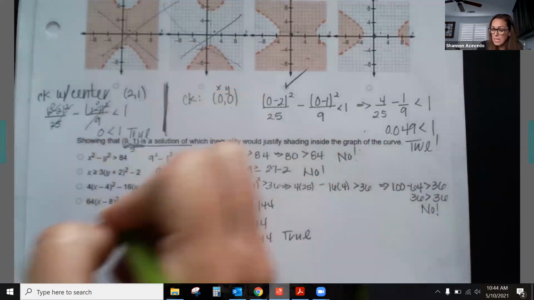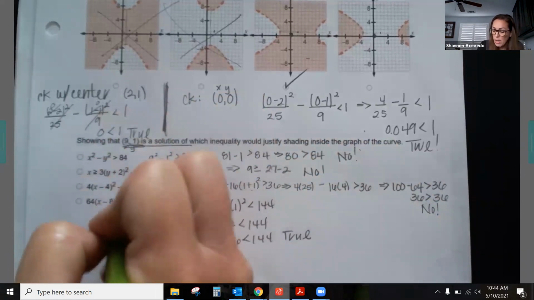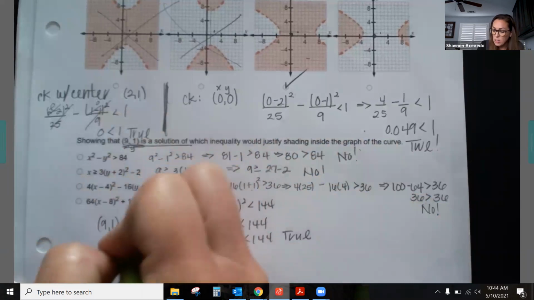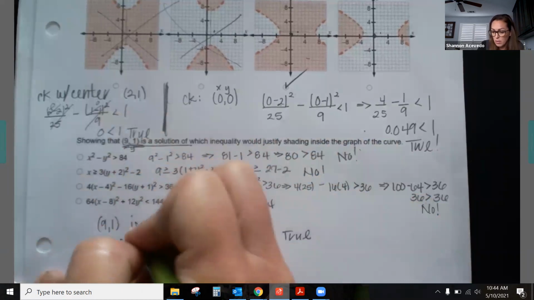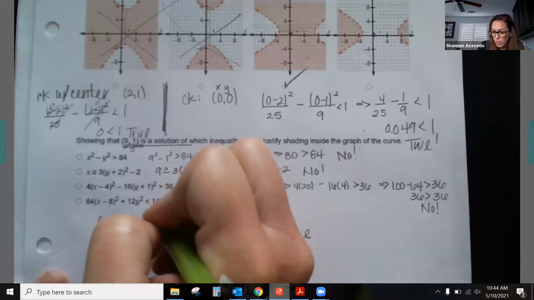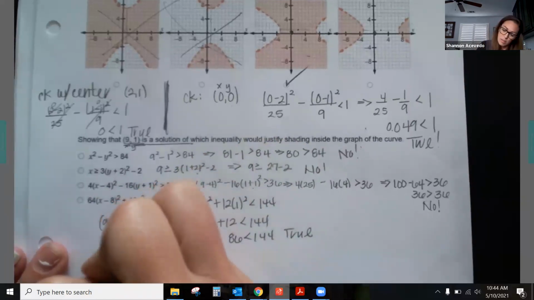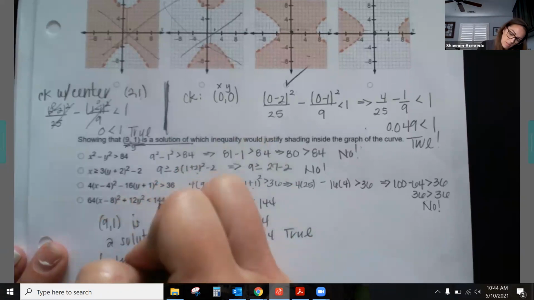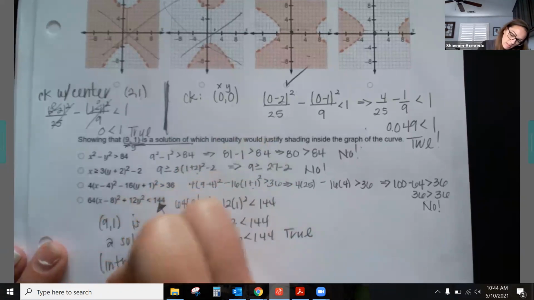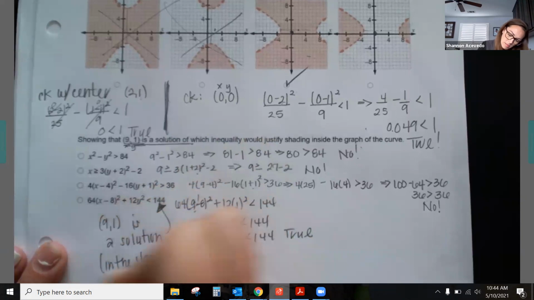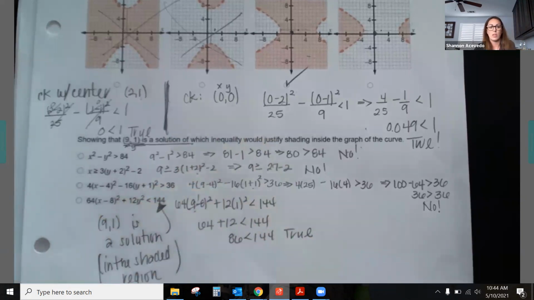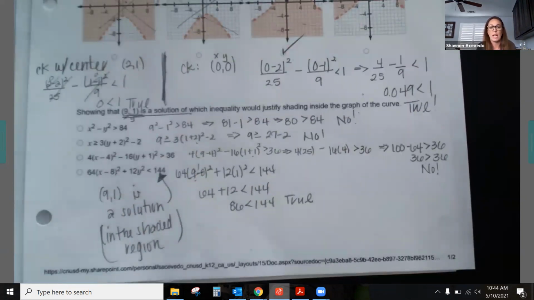So that means that 9, 1 is a solution for this problem. It's in the shaded region. So that's going to be only true for that last one. If you guys have questions, please let me know.